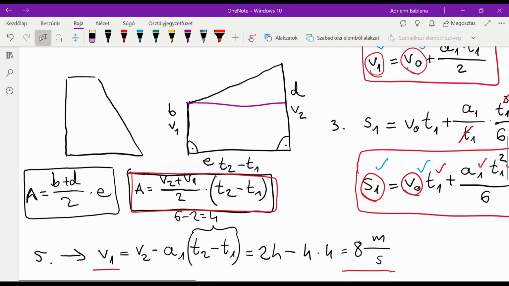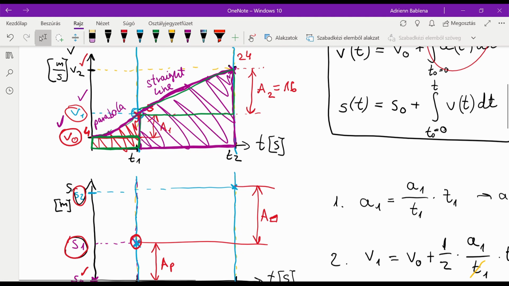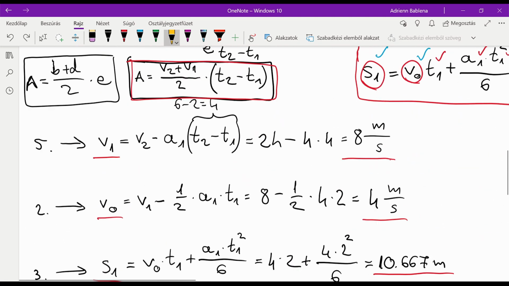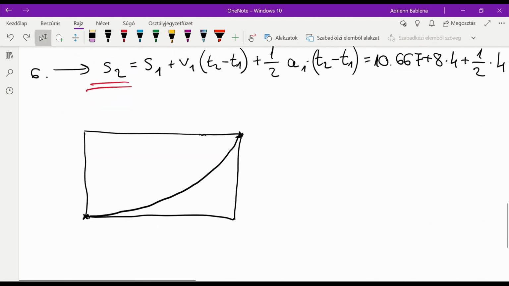Here are the horizontal side and the vertical side of this rectangle. Calculate the area of the rectangle.